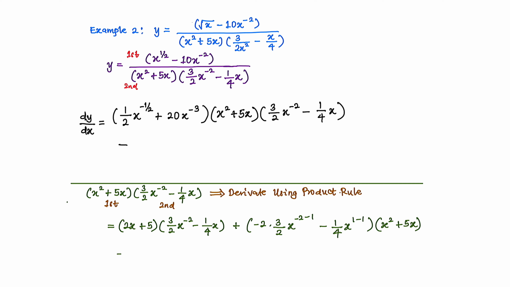So to simplify, that's equal to 2x plus 5 times 3 over 2x raised to power minus 2 minus 1 over 4x, plus the second part: minus 2 times 3 over 2 will give us minus 3x raised to power minus 2 minus 1, that will give us minus 3, then minus 1 over 4. x is raised to power 1 minus 1, that's 0, so x raised to power 0 is 1.